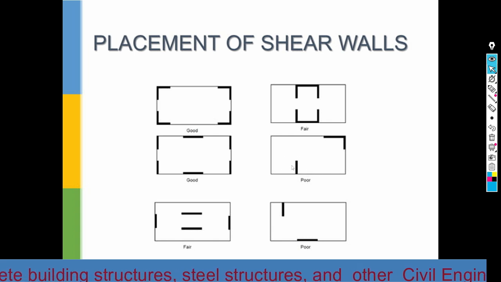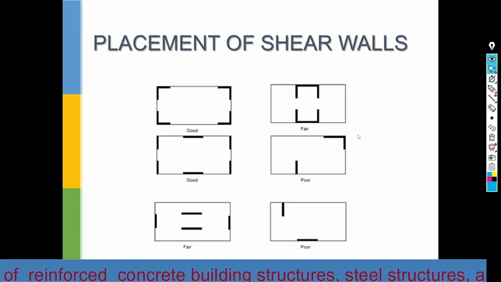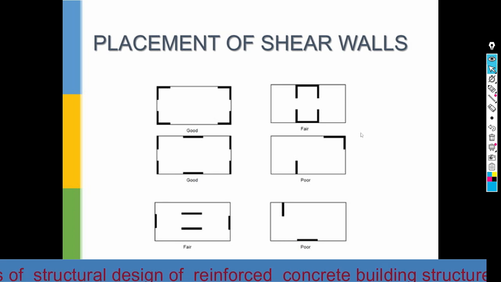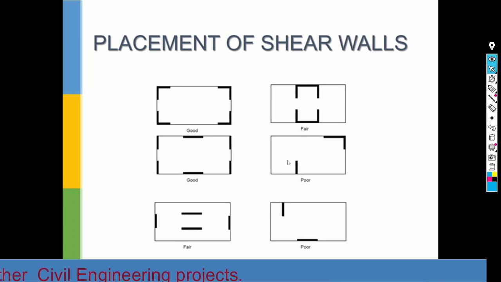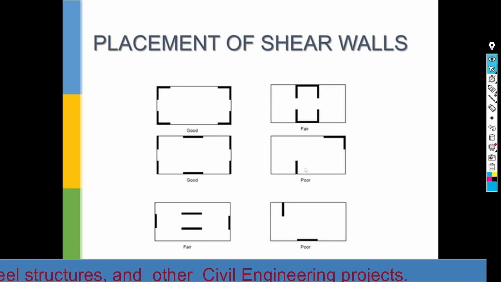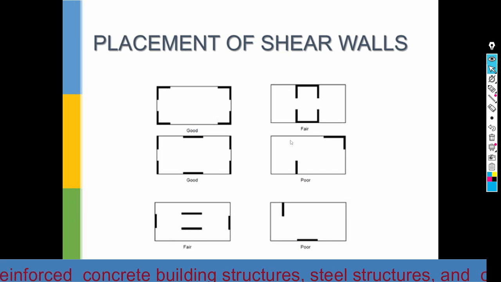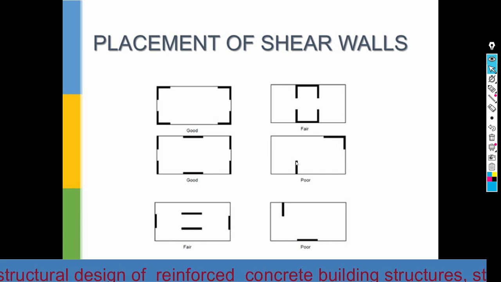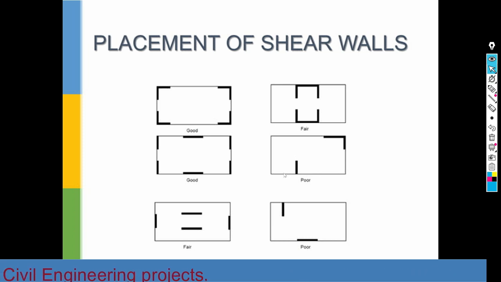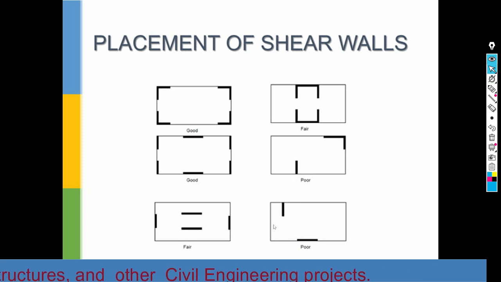This is a poor arrangement, but this one is a proper arrangement. This arrangement will reduce the lateral and the torsional stiffness of the structure. So we need to rotate this 90 degrees, and arrange it just like this.